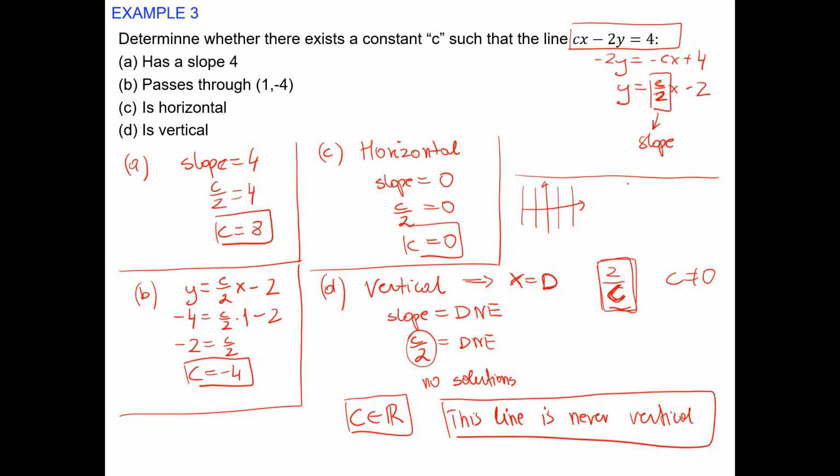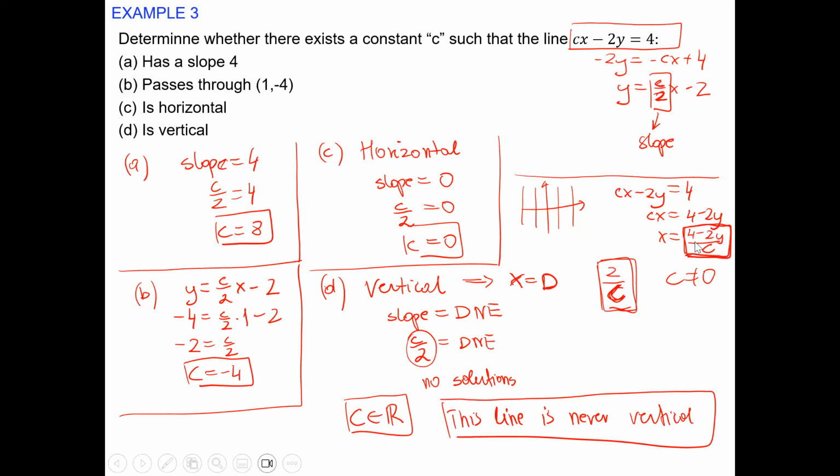That means let's maybe solve this equation for x. We will have cx equals 4 plus 2y, and then we may divide by c. Okay. No, actually, but if c is 0, then it's constant.